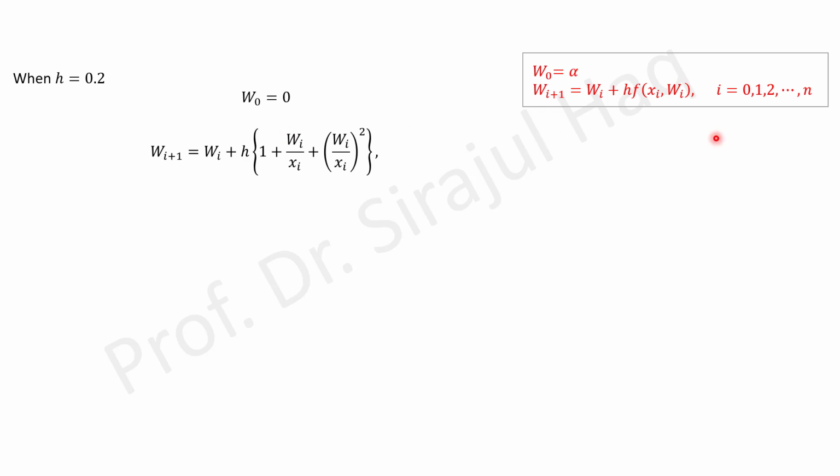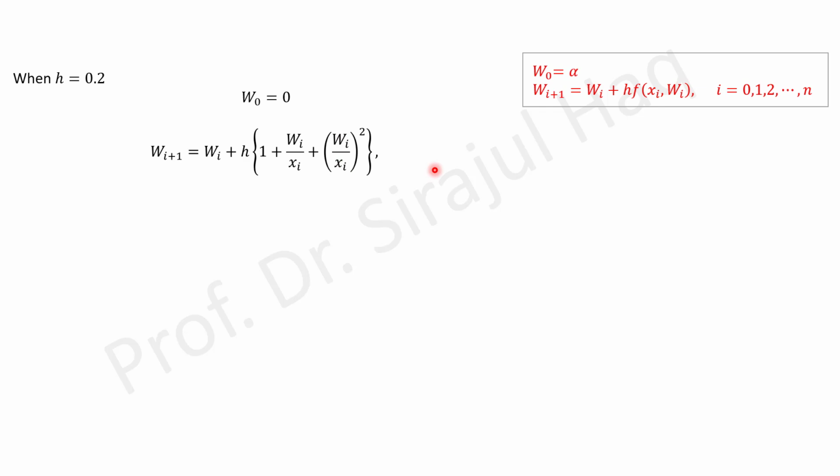What I did here, I just substituted the value of the function, and you know that the function was 1 plus y divided by x plus y divided by x square. So I just substituted that value. I replaced x by xi, you can see here. I replaced y by wi, which you can see over there.